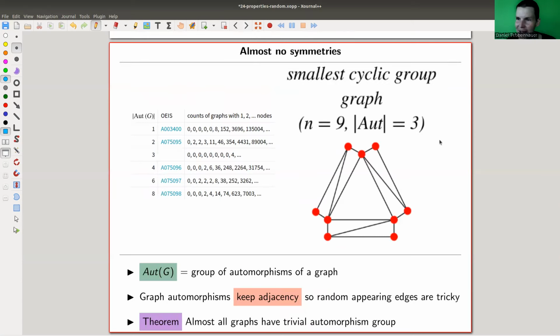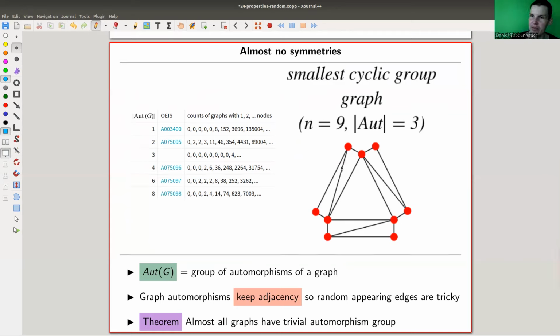And then there are, again, properties that I'm going to show you later, which are not so easy to decide, whether they're actually easy or difficult with many edges. For example, how big the automorphism group of a graph is. And it turns out there are some really, really strange patterns.